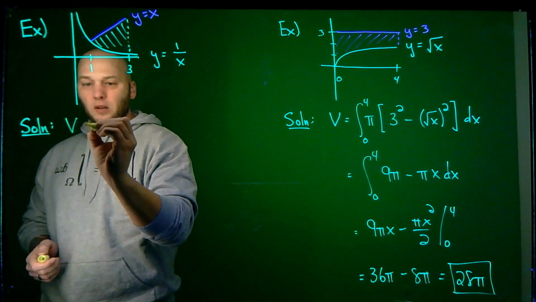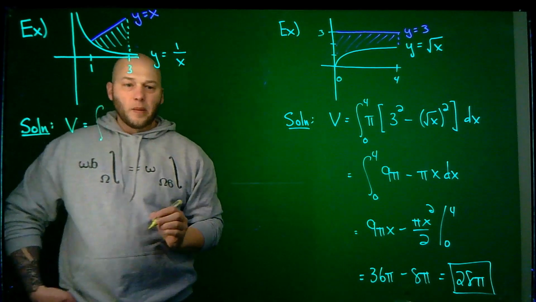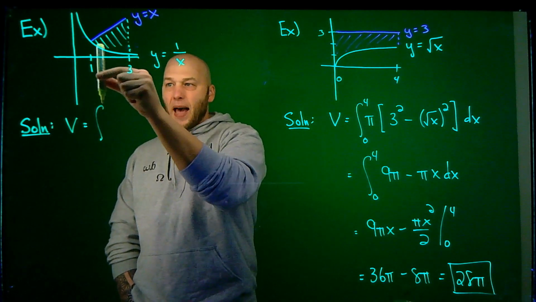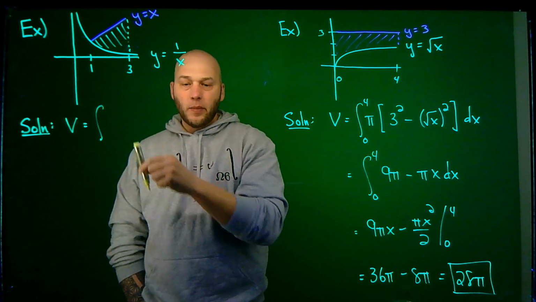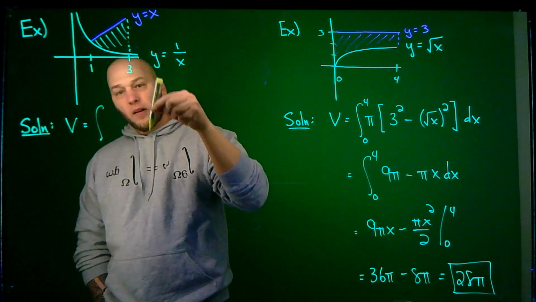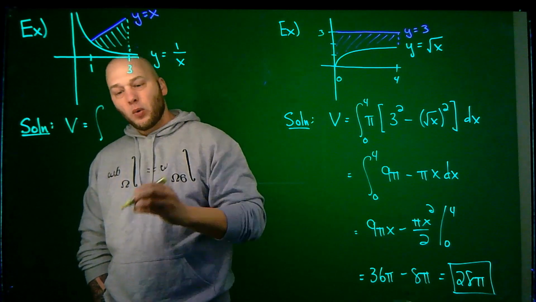All right, the volume would be the integral. Now my limits of integration, the washers would be stacked horizontally. That means my limits of integration are going to go from 1 to 3 because I have a washer for each x value between 1 and 3.